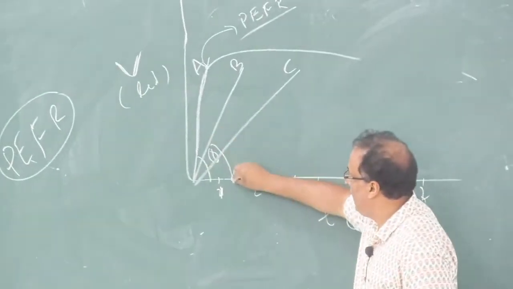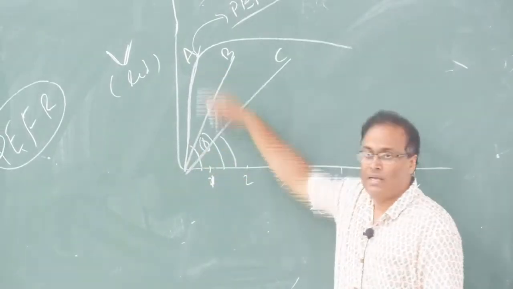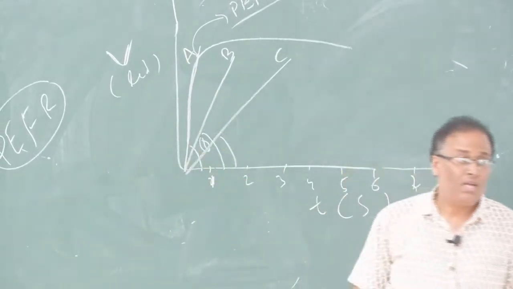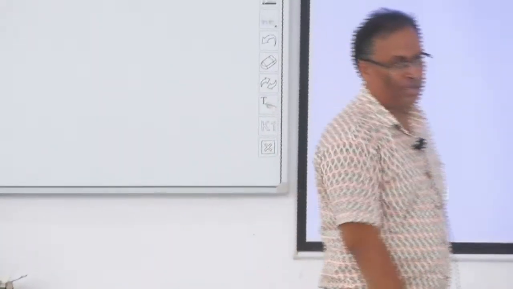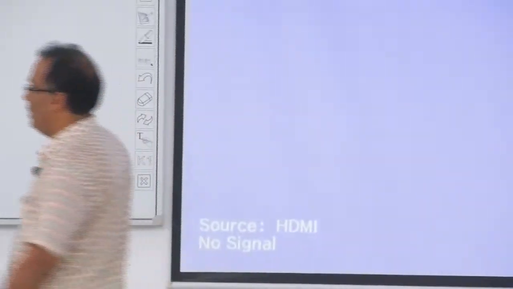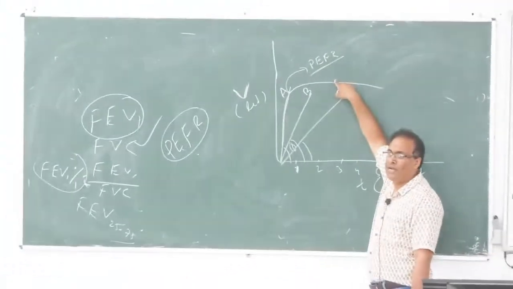These angles are different, and the biggest angle is A. So the peak expiratory flow rate for A is high, and C will be lower. Now what will happen? The maximum point.